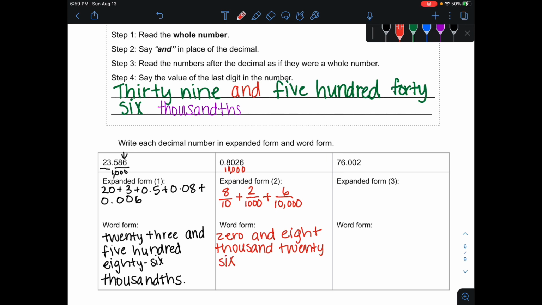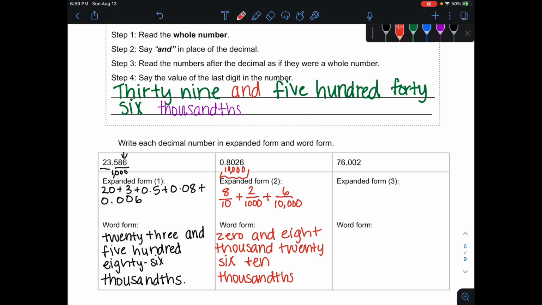And now we have to say the value of the last digit in the number. So I already put this as my guide, and I know that this is 10,000th. So we're gonna write that 10,000ths.